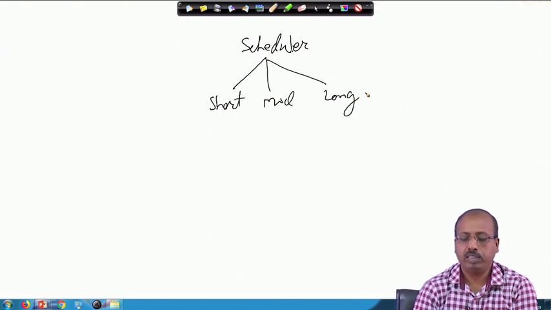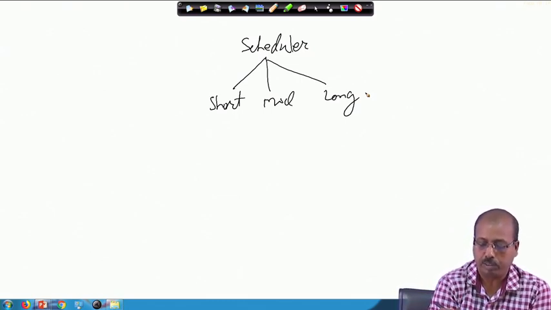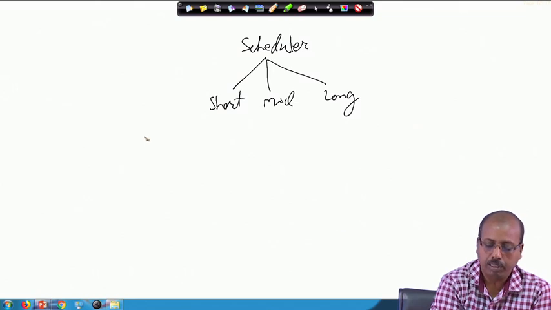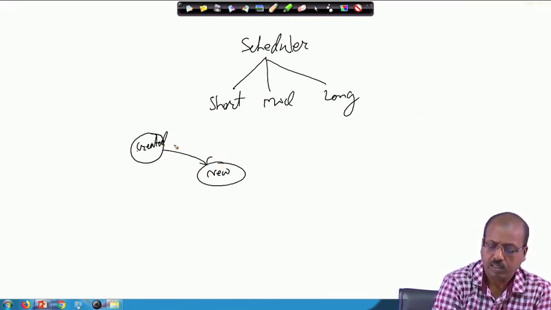Now, if you remember that process state transition diagram, we have said that the processes, when they are residing in the disk, are in the created state. Then created goes to the new state, that is by this admitted.